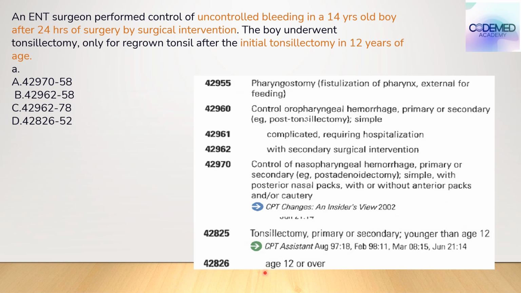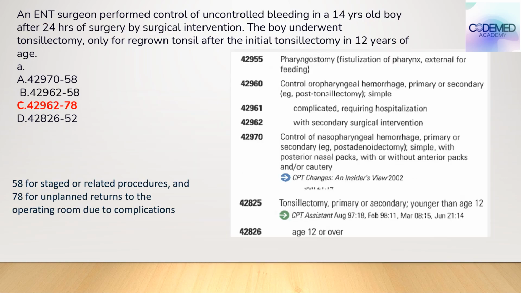42826 talks about the tonsillectomy, but today we are not coding for the tonsillectomy, we are coding for the controlling of the bleeding. So 42962 is the correct code. Now the modifier will decide our final answer. So let's see what our answer is. In our case, the bleeding has happened 24 hours after the tonsillectomy.